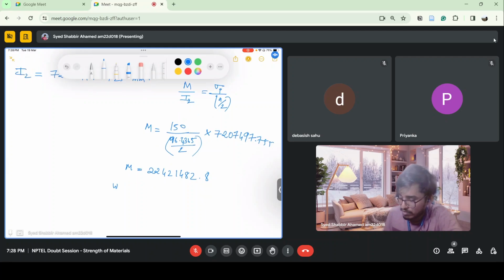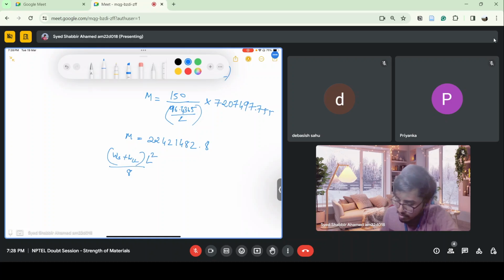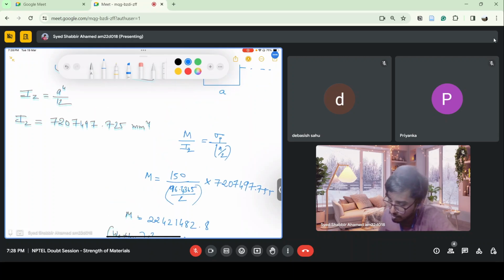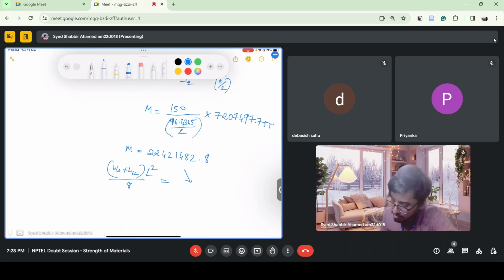And again, we know self weight plus live load into L square by 8 equals this. The self weight is the same, 0.7305, and this is 2500 square.